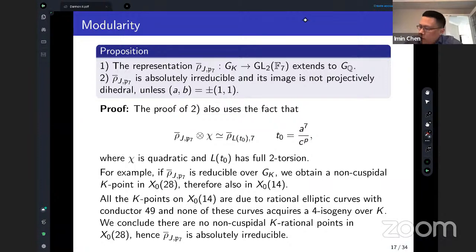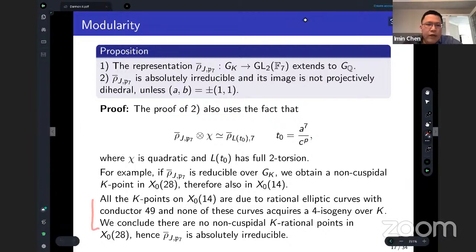So assuming that the mod 7 representation of J is reducible, carrying this over, and this is all up to quadratic twist, but that doesn't affect the property of being reducible, that would mean that we get an elliptic curve defined over K, which has a 4-isogeny as well as a 7-isogeny, and hence also 14.